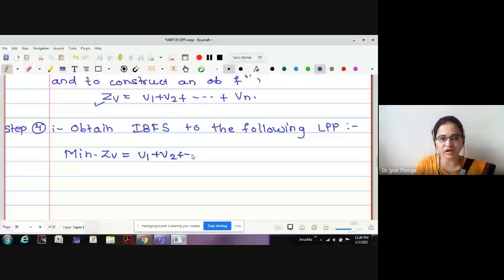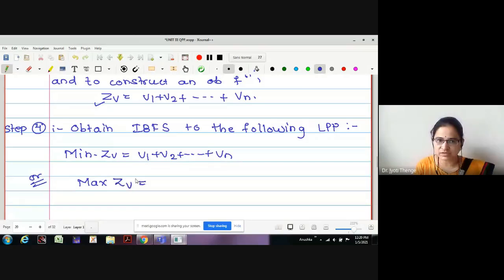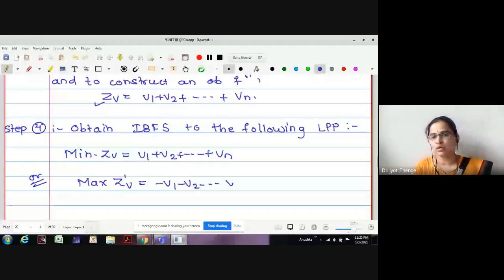But generally we write the objective function in terms of maximization. Therefore, maximize Zv dash = minus V1 minus V2 minus so on minus Vn, where Zv dash is minus Zv. Correct?